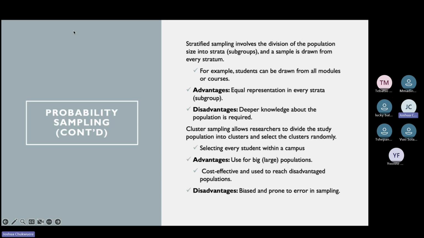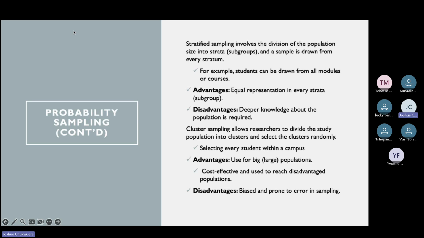So who can help us to explain what you understand by cluster sampling? It allows the researcher to divide the population into clusters and select the clusters randomly. So in this, you put everyone into clusters, right?